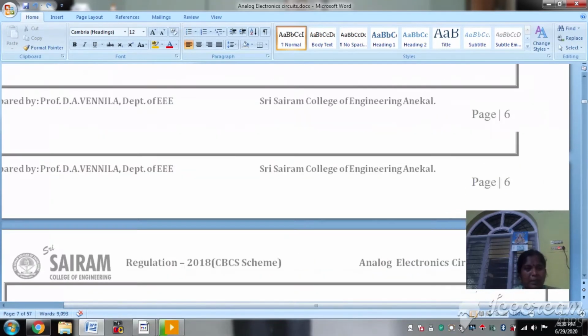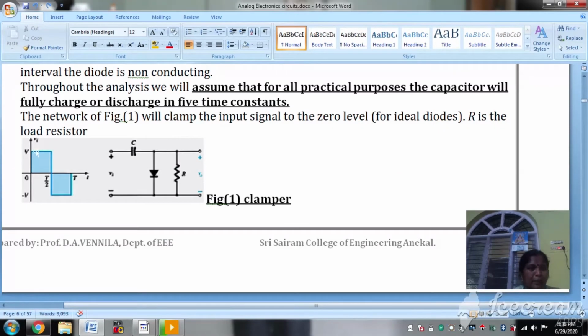V volts is the input voltage here: the positive voltage is V volt and the negative voltage is minus V volt. Here they have not mentioned numbers, they have just given V volts. During the positive of the input, the diode will conduct and the capacitor will charge to V volts.